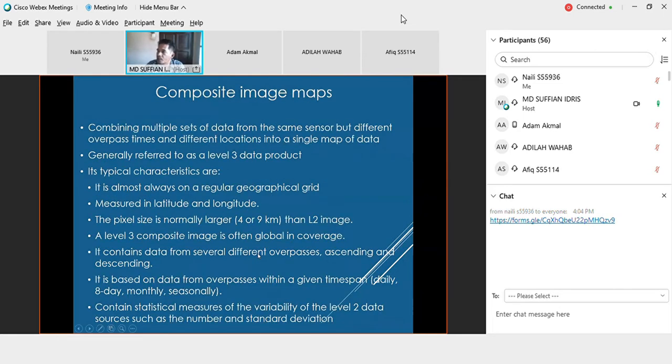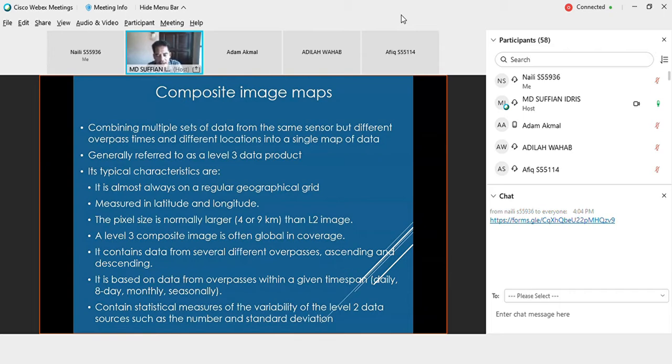And then composite image map ini adalah proses untuk you develop L3 dataset. So L3 ini adalah untuk interpolated image map. So combining multiple set of data from the same sensor but different over past time and different location into a single map of data.